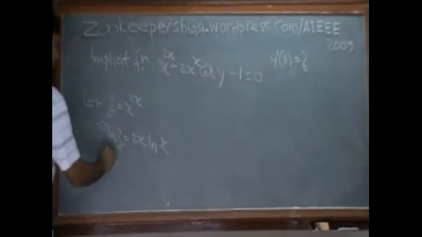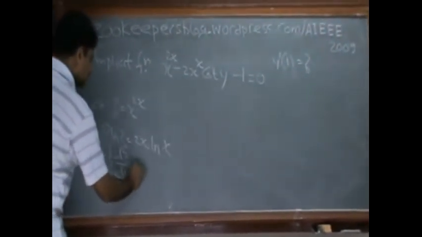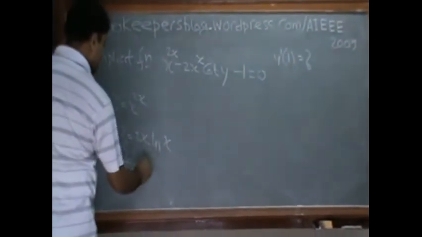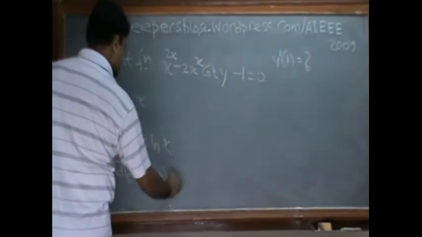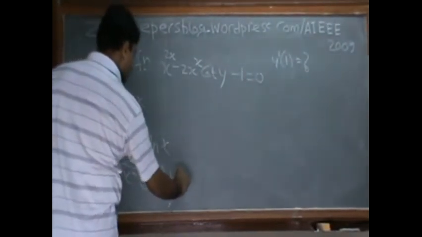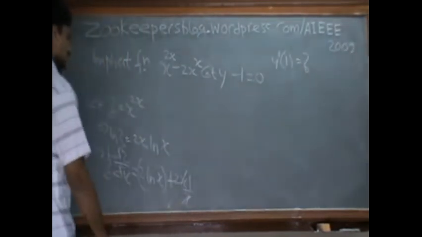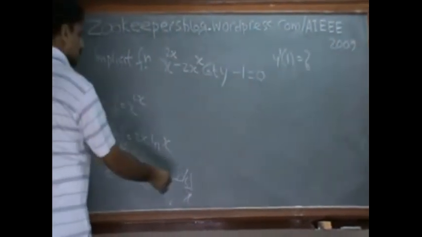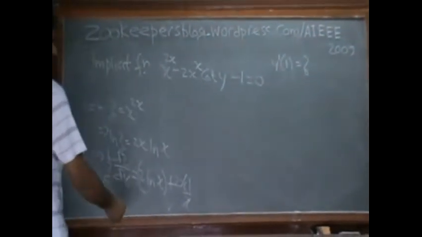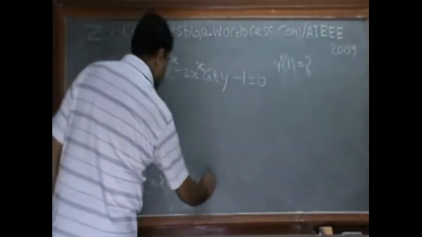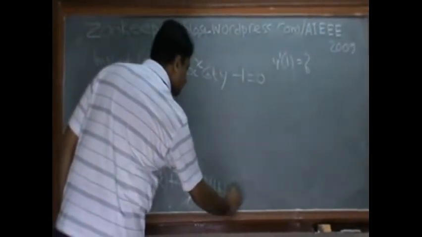If I differentiate, then 1 by z dz by dx is equal to 2 into ln x plus 2x times 1 by x, which is 2. So it is coming out to be 2 times (1 plus ln x).